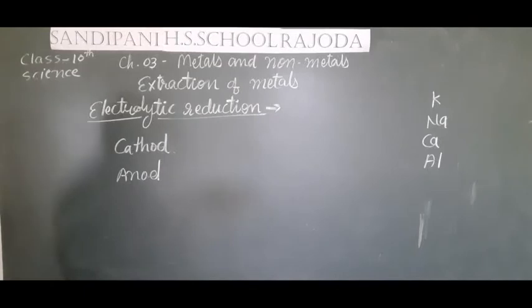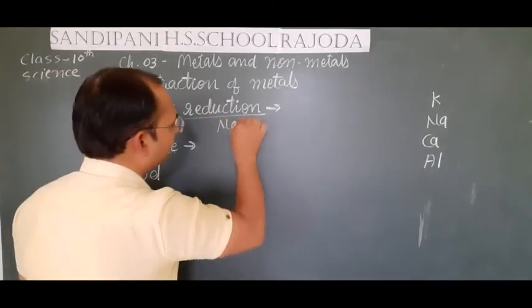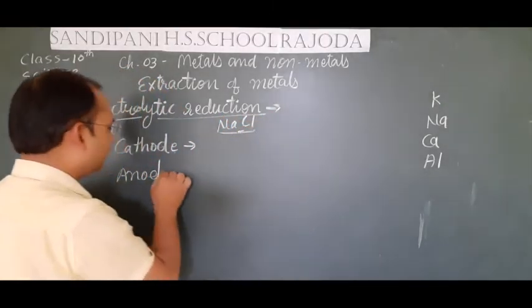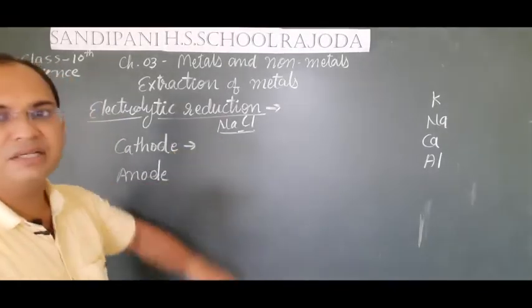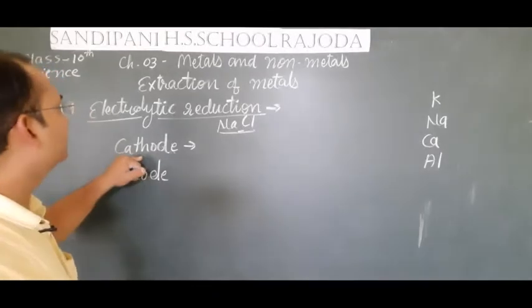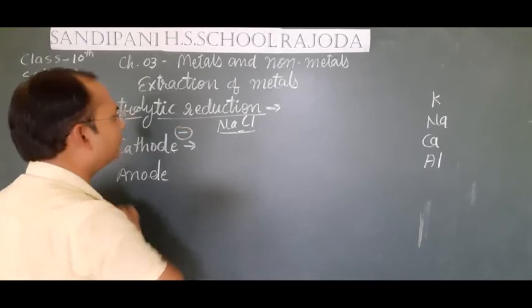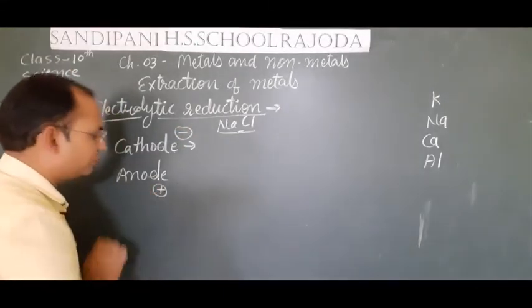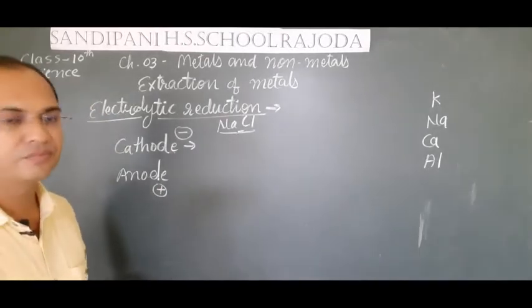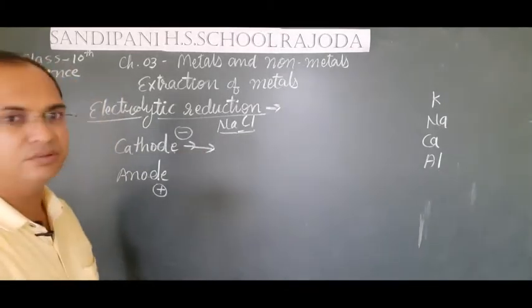So, if we take the example of NaCl, that is sodium chloride, then sodium metal gets deposited at the cathode, and the cathode is the negative electrode, and the anode is the positively charged electrode. So, let's see the reaction which takes place at the cathode.